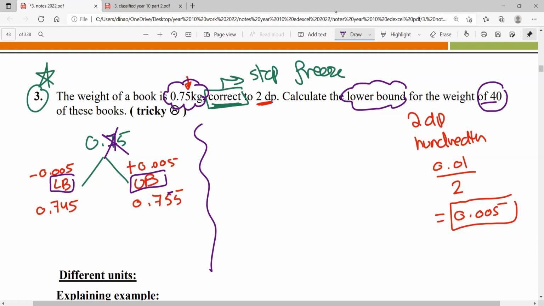Calculate the lower bound of the weight for 40 books. يعني هات لي 40 كتاب من ابو minimum ده. So طبعا how would I find the weight of 40 books?